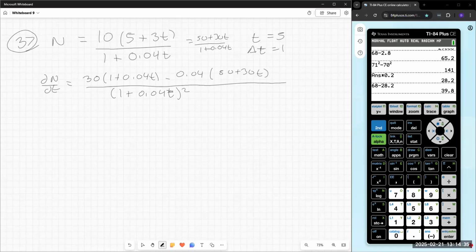squared. So simplifying the numerator, dN/dt is equal to 30 plus 1.2t minus 2 minus 1.2t, over 1 plus 0.04t quantity squared.